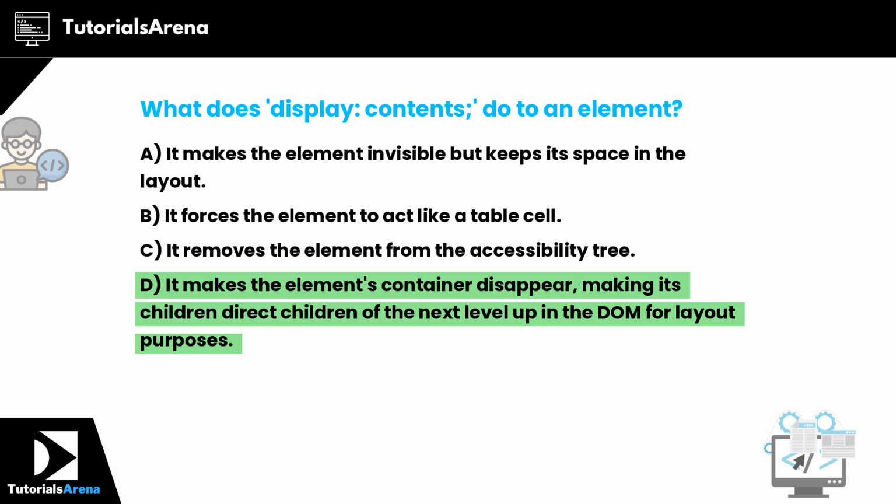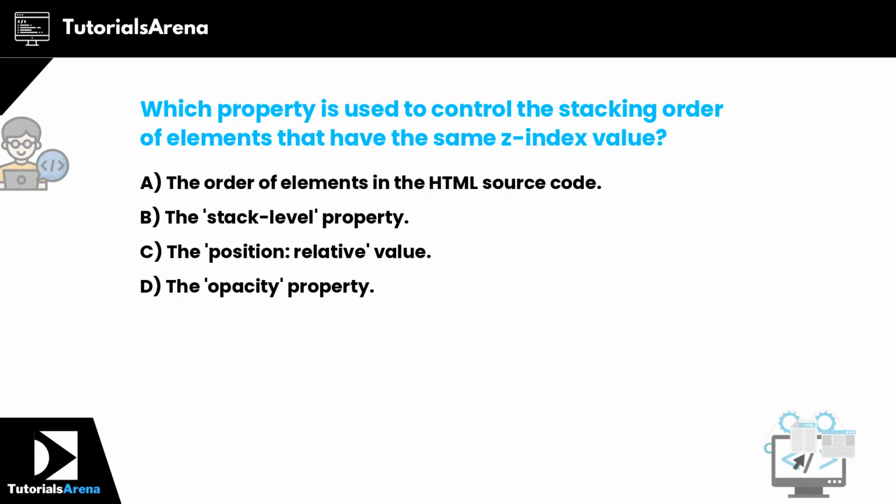The correct answer is option D. It makes the element's container disappear, making its children direct children of the next level up in the DOM for layout purposes. Which property is used to control the stacking order of elements that have the same z-index value? The correct answer is option A, the order of elements in the HTML source code.